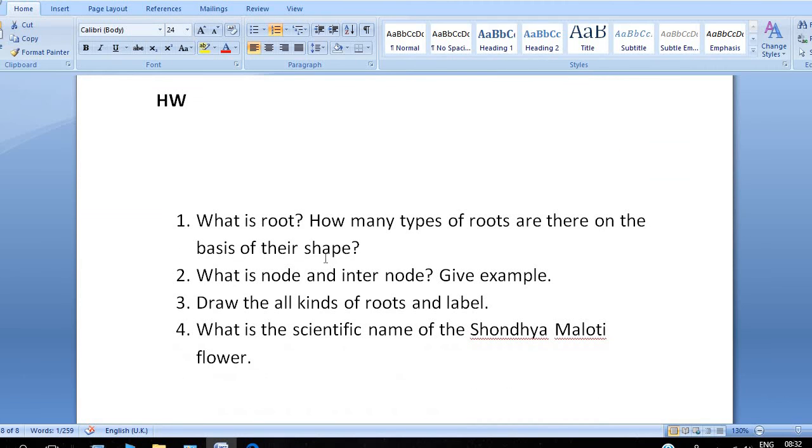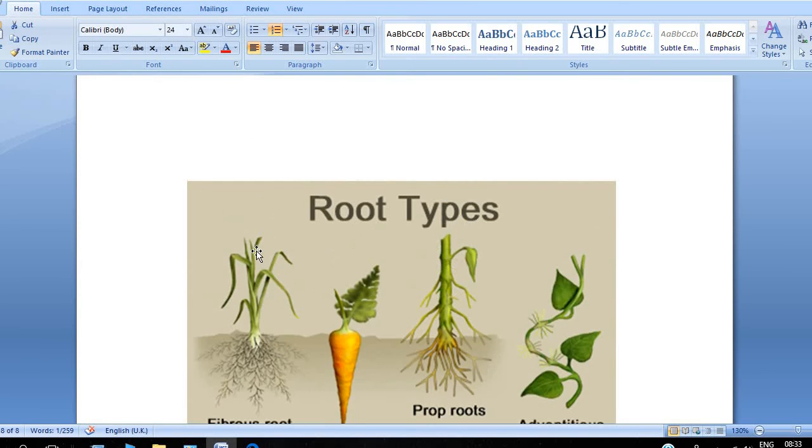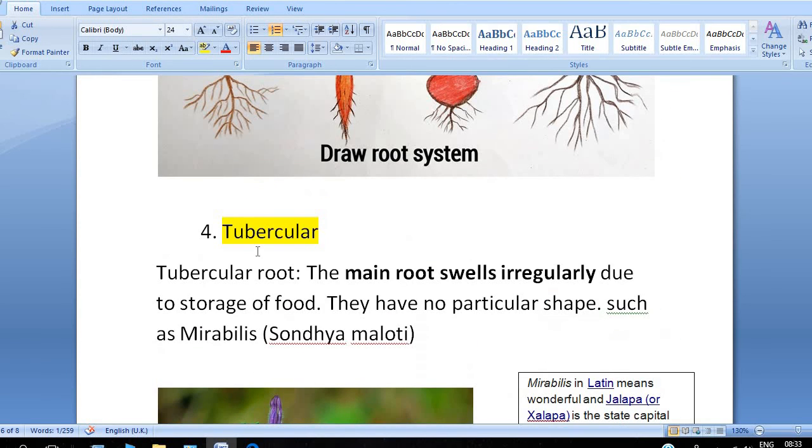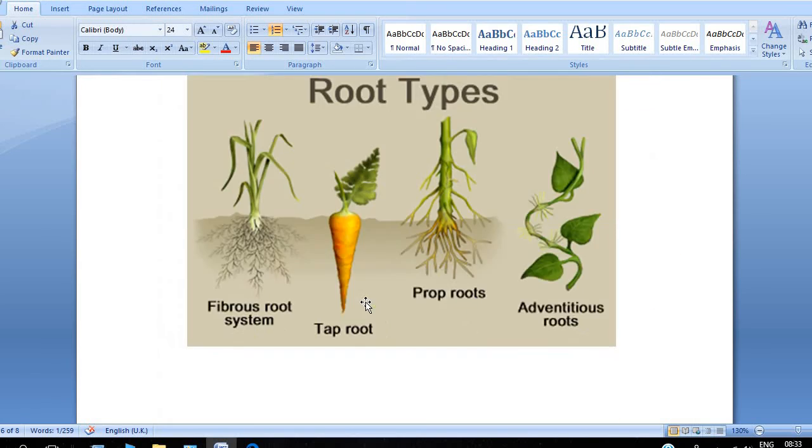Now the homework. First, what is a root, and how many types of root are there on the basis of shape? On the basis of shape, there are four kinds of root: fusiform roots, conical roots, napiform roots, and tubercular roots.